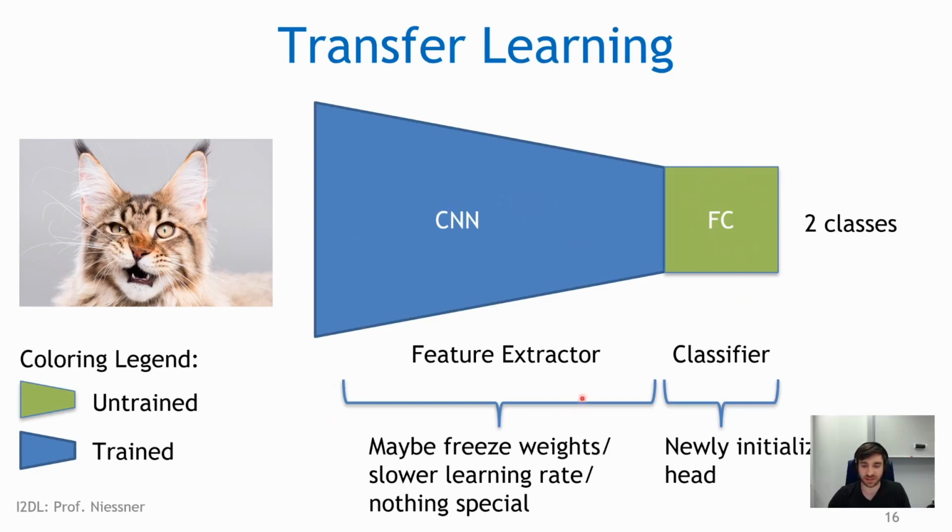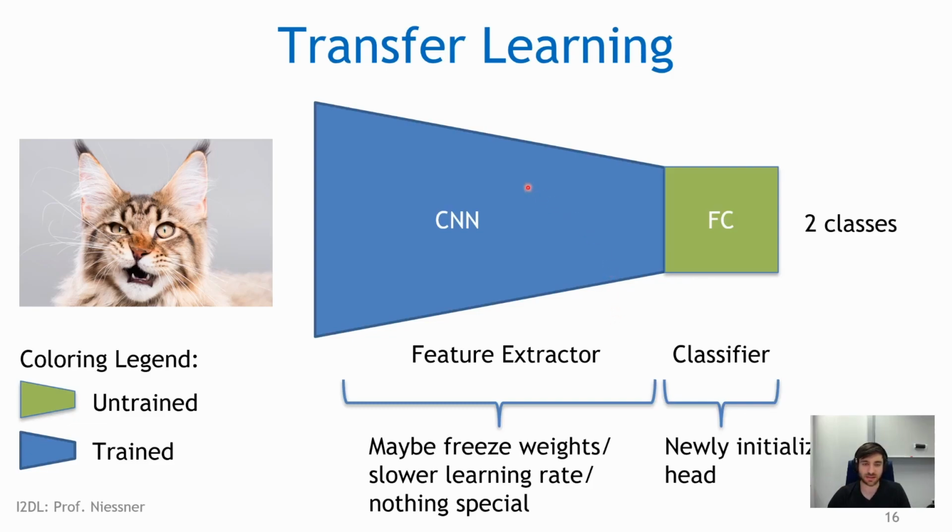For example, for the feature extractor, we could entirely freeze these parameters, which means that during training, we don't optimize these weights at all. Other strategies would be to use a slower learning rate for this part, or for the entire part, or we just don't do anything special. And as I said, the classifier is newly initialized, so we need to train its weights as usual.